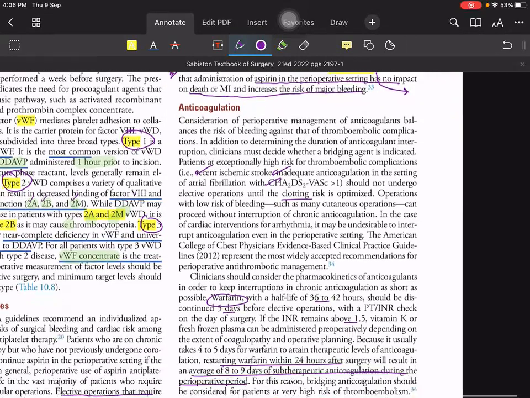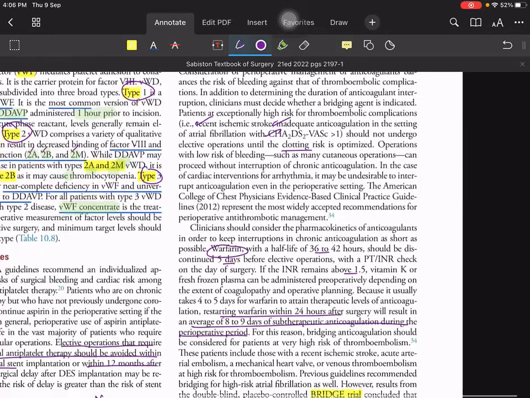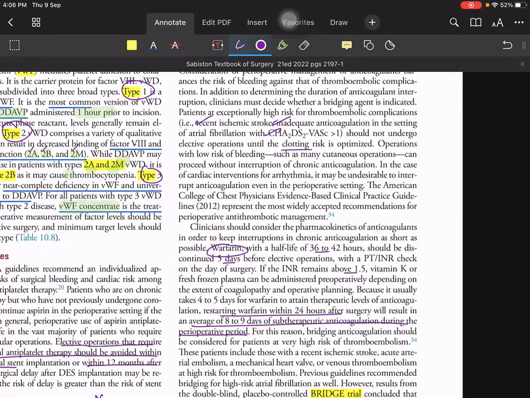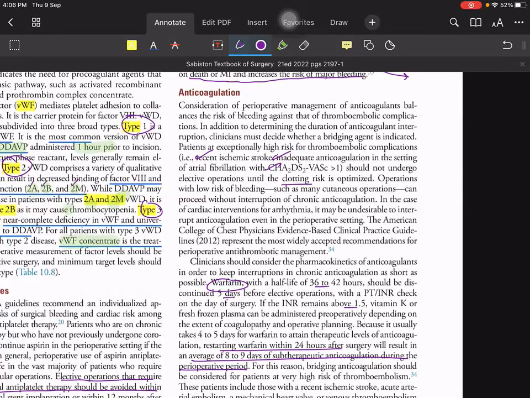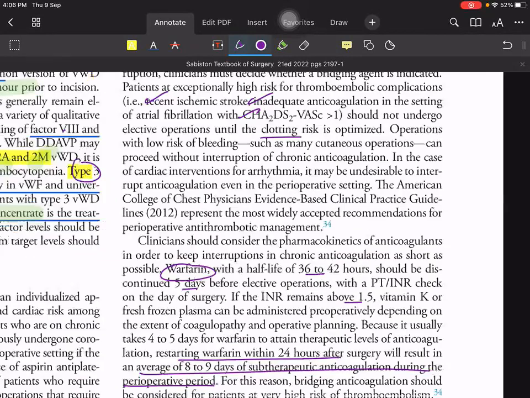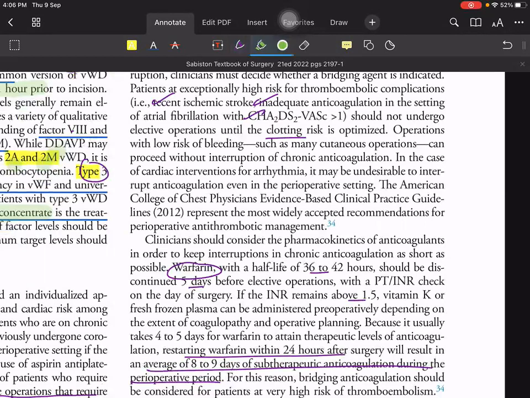Okay. Then anticoagulation. This anticoagulation is very much explained daily actually. What they're telling is patients who are at high risk for thromboembolic complications. So these are the patients at high risk for thromboembolic complications: recent MI, recent ischemic stroke, inadequate anticoagulation in the setting of atrial fibrillation with the CHA2DS2-VASc score.